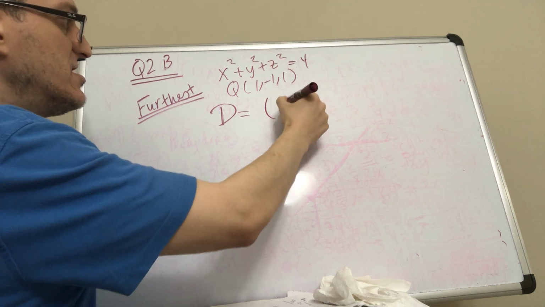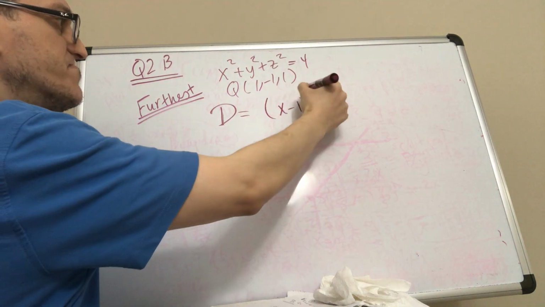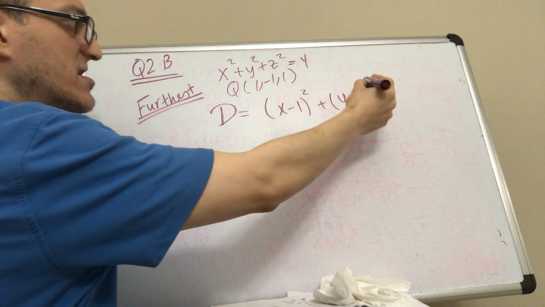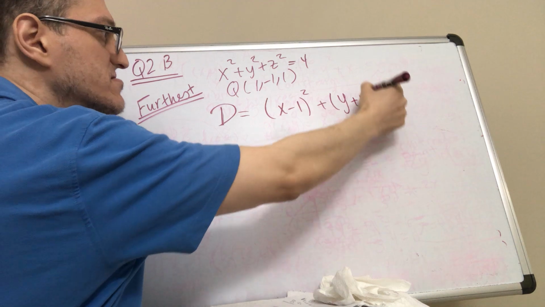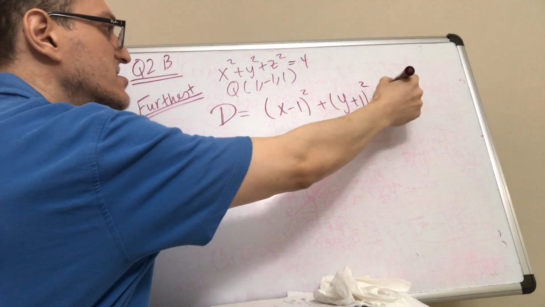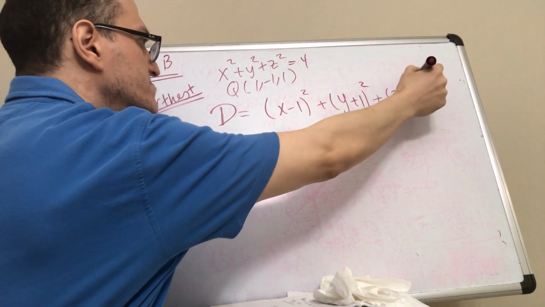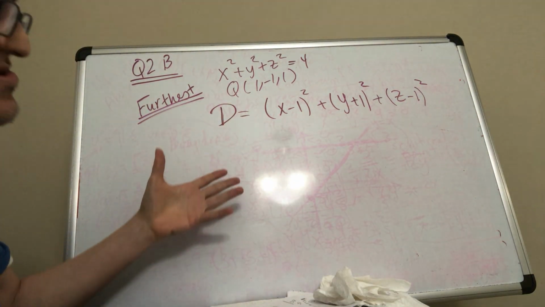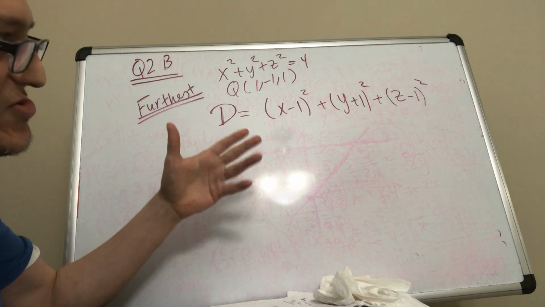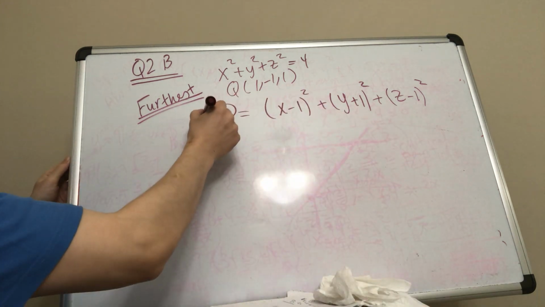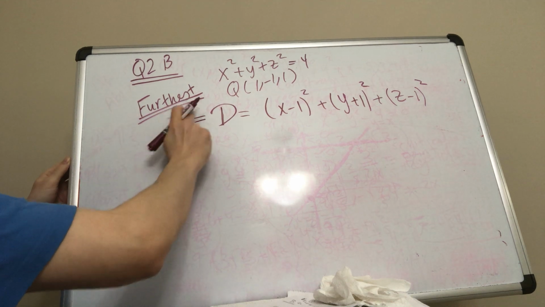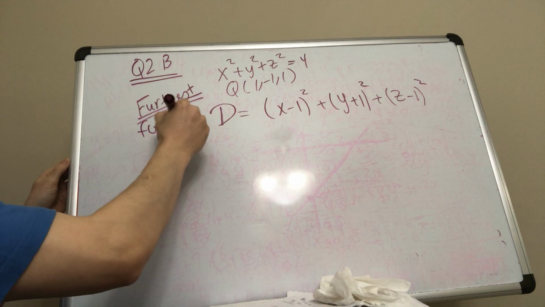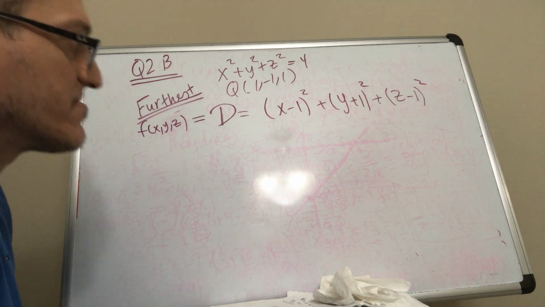So that would be (x minus 1) squared, (y minus minus 1, becomes plus 1) squared, and (z minus 1) squared. This is the distance function under the square root, but it doesn't matter. We can call this your f function that you're maximizing in terms of x, y, z.